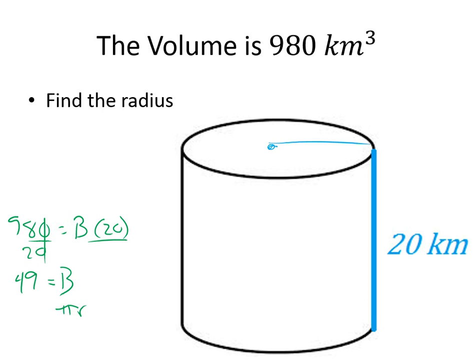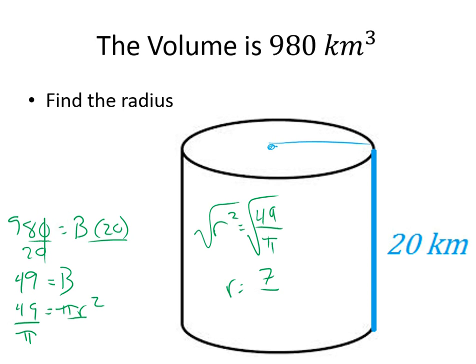B equals pi r squared, which is equal to 49. Now we'll divide both sides by pi, getting us r squared equal to 49 over pi. Then you would take the square root of both sides, which gets us r equal to 7 over the square root of pi, which we can reduce down to about 3.95 kilometers. And that would be the measurement of the radius, approximately.